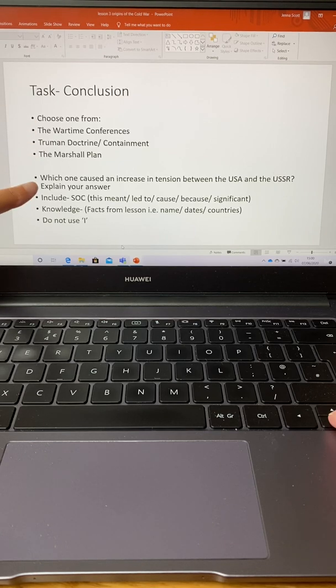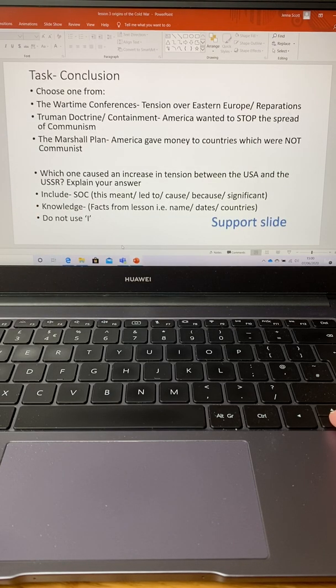So between those 3, which one caused an increase in tension between the USA and the USSR? So which one do you think is the issue that's actually going to really cause lots of problems between America and the USSR? So we've got a little bit of advice. Then we've got a support slide to go with. So I've given you a little bit more information just about each one of those, just to remind you.